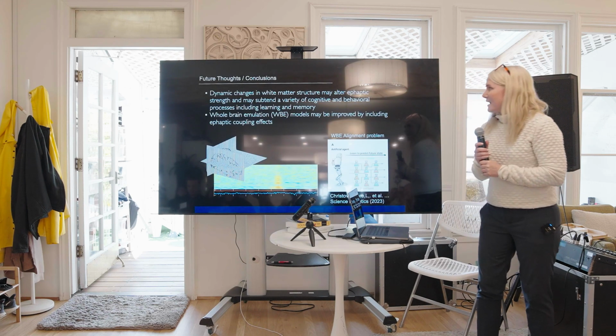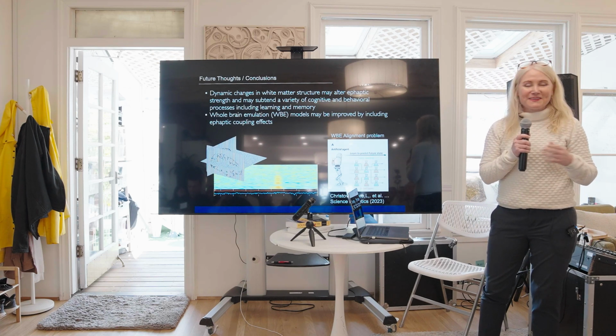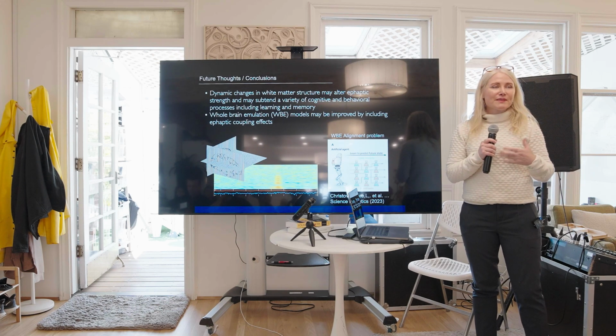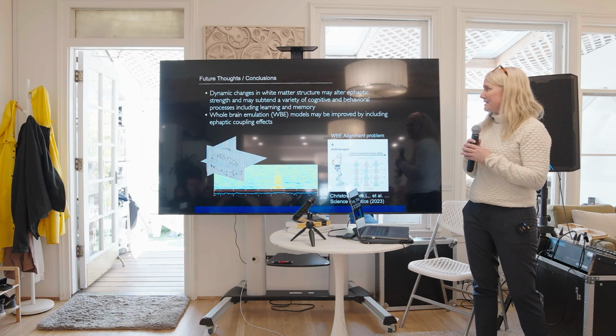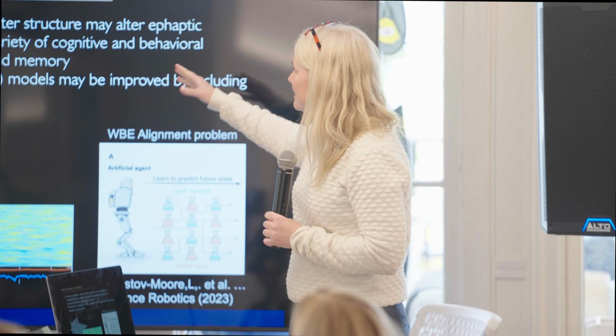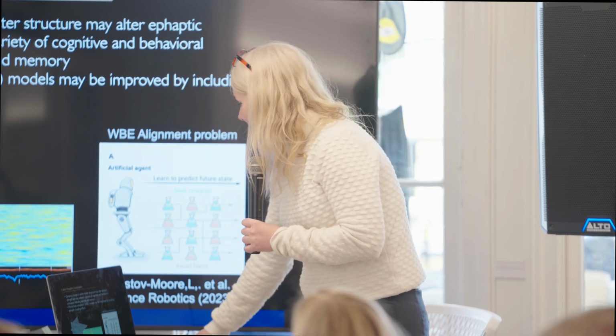My time has probably run out, but I think this is a very interesting phenomenon that deserves further study. Possibly dynamic changes in white matter may subtend certain things like learning and memory. So, yay. Thank you all so much.